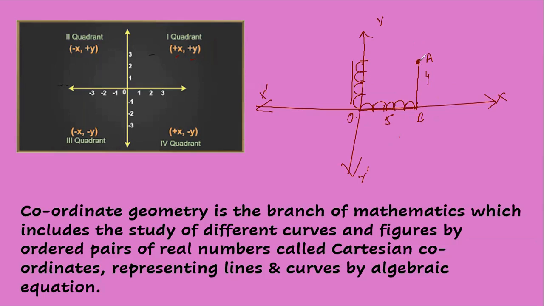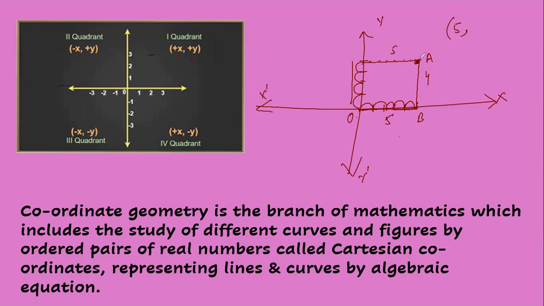Because this line is parallel to this one, and they make a square, they are equal. So this is 5, and this is also 5. The distance of point A from the y-axis is 5. So when we write the x coordinate, it is the distance of a point from the y-axis. Please remember this carefully.